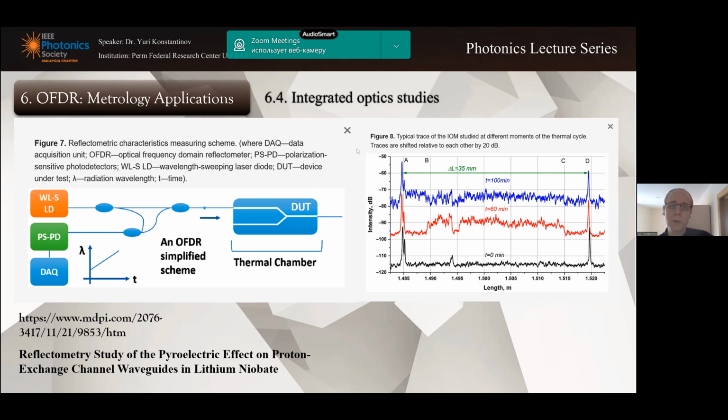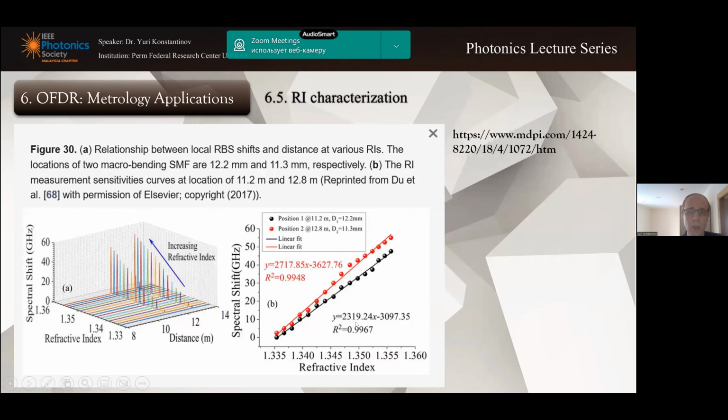We did some trials for measuring the signal phase and to understand how the signal phase is related with the piezoelectric effect in this modulator. And of course, you can read this in this publication too.